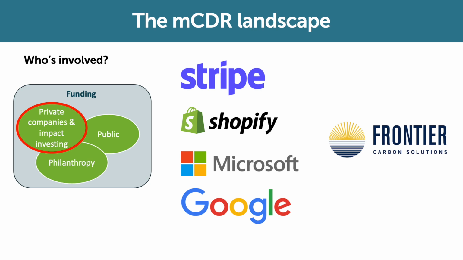Called Frontier Carbon Solutions, this pre-purchase effort is an advance market commitment that aims to accelerate development of CDR by guaranteeing future demand. Its goal is to pre-purchase $1 billion of permanent carbon removal credits directly from CDR companies by 2030, and these may include marine carbon dioxide removal.